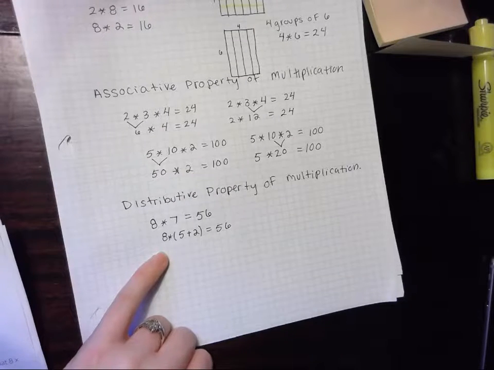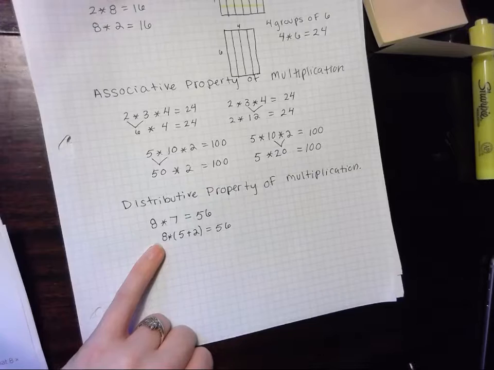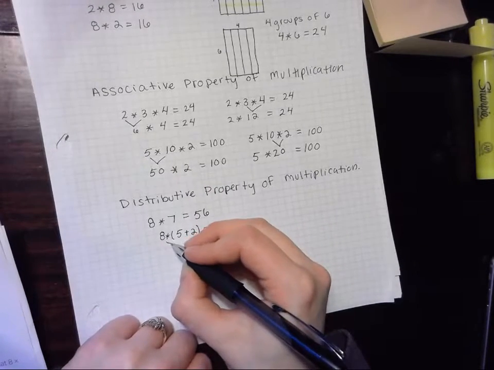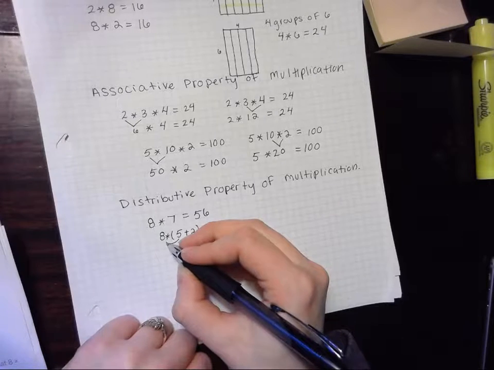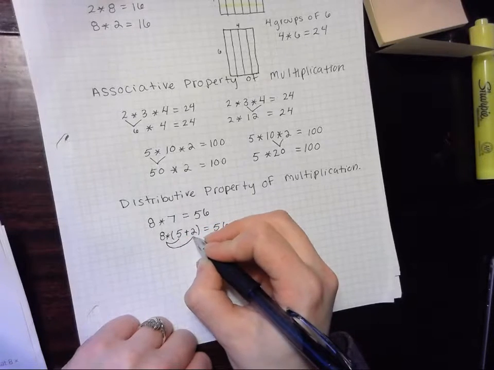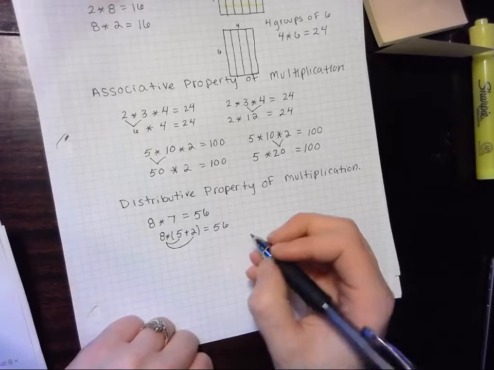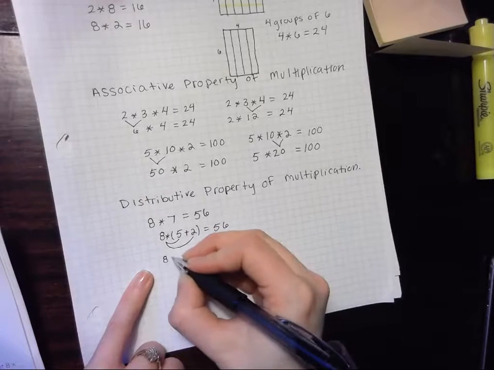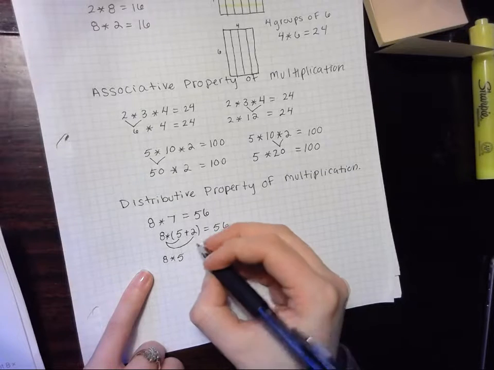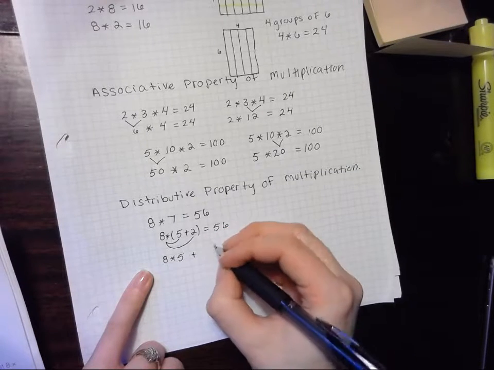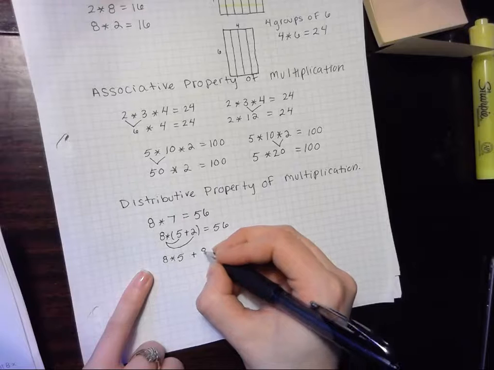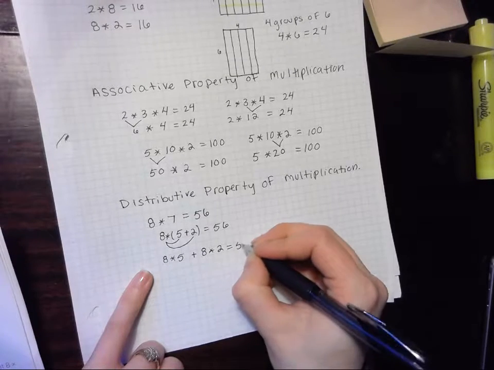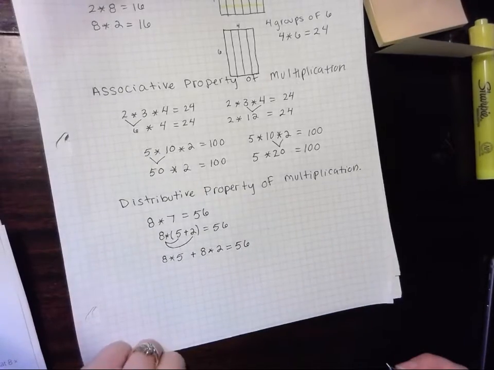Now, what the distributive property means is that if we take this 8 and we multiply it by the 5 and we multiply it by the 2, we'll still get 56. So what that would look like is 8 times 5 plus 8 times 2 should still equal 56.